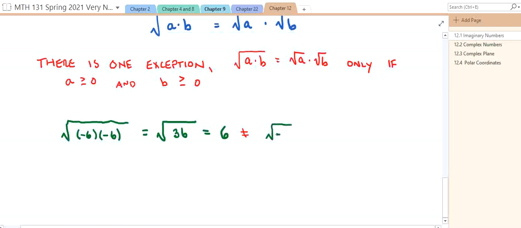Suppose I split this up: the square root of minus 6 times the square root of minus 6 equals the square root of 6 times the square root of minus 1 times the square root of minus 1 times the square root of 6.